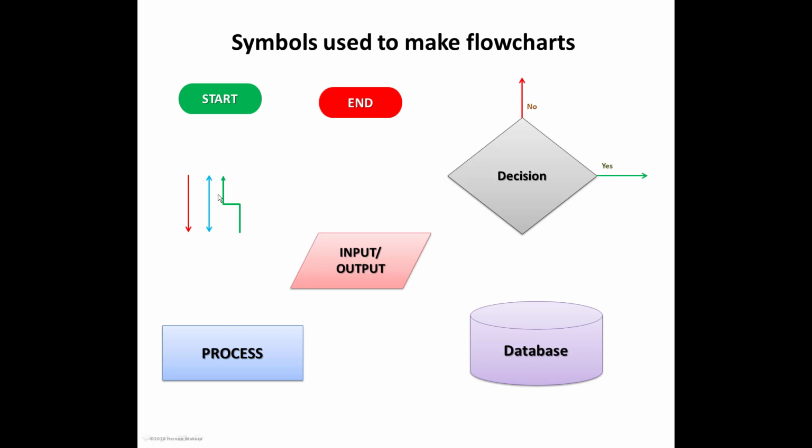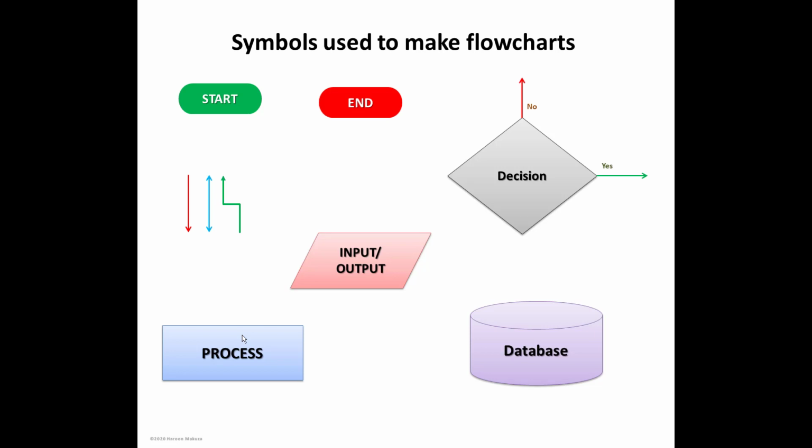Direction arrows, you have red, blue, and green. Blue is bi-direction, red is one direction, and green shows you a direction going upwards. Okay, and you have the process, which is a rectangle. Processes are those functions that happen in the background, the ones you don't see happening, like adding things, multiplying, subtracting.